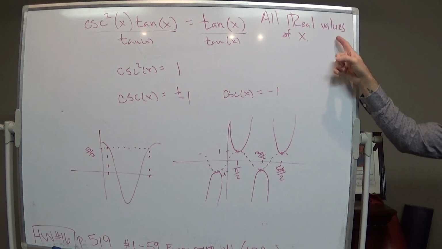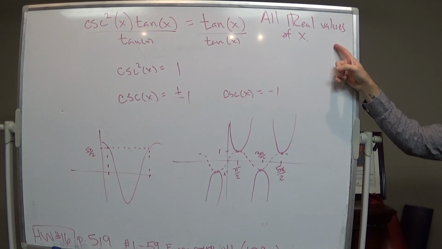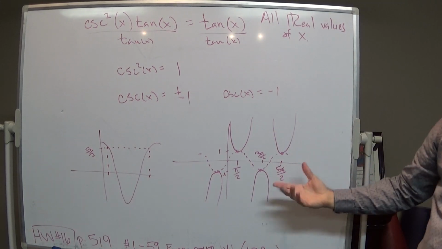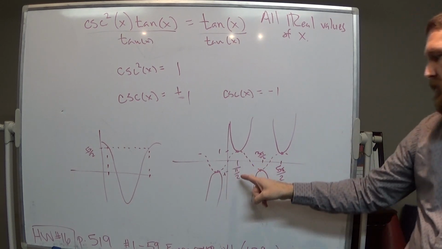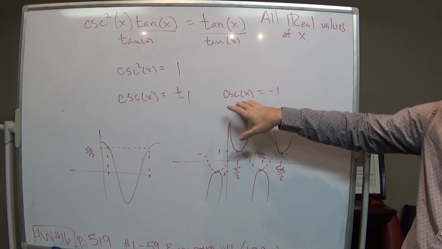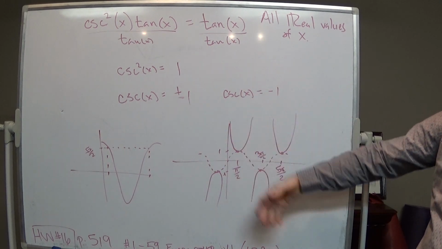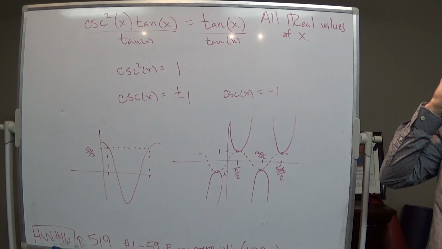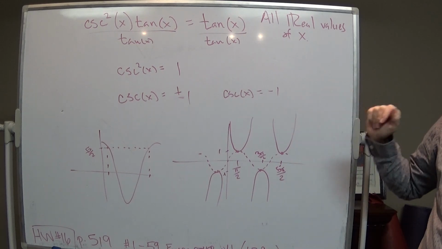And so we're trying to find all real values of x. And so the way to go about doing this is to find both of those, and then you're just going to add 2 pi, or whatever the period happens to be. Cosecant, the period happens to be 2 pi. So we're just going to add multiples of 2 pi onto it, and we'll get all of them. So that's one way of doing it.